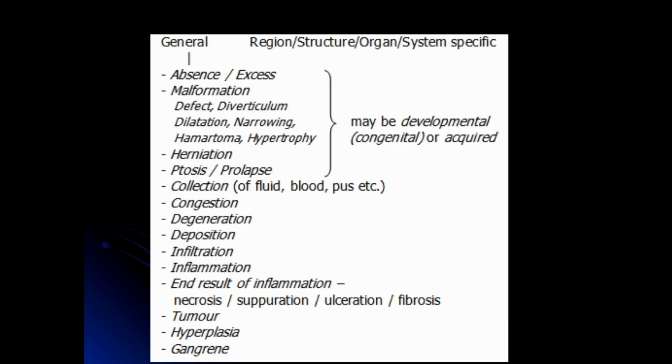Please remember, however, that the general and specific categories are not watertight compartments. Some of the pathologies under the general category may, in fact, be specific in some organs or tissues. For example, in case of a swelling in the breast, there is a dictum: a swelling in the breast must be considered malignant unless proven otherwise, except during the teenage.